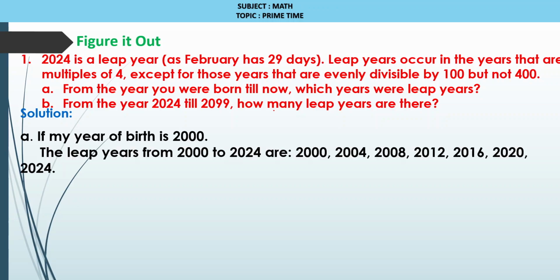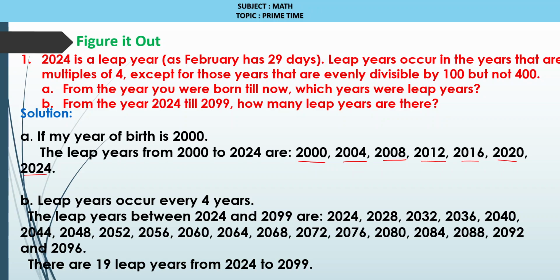Solution. If my year of birth is 2000, the leap years from 2000 to 2024 are 2000, 2004, 2008, 2012, 2016, 2020 and 2024. Leap years occur every 4 years.